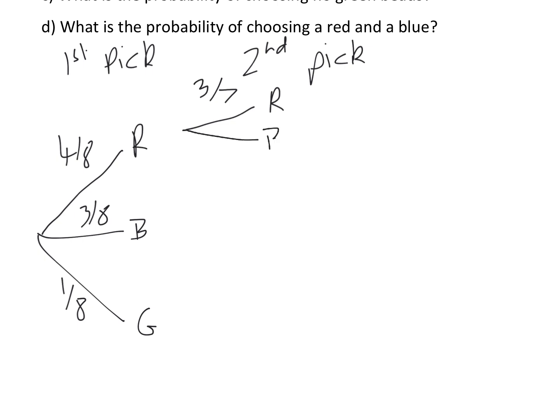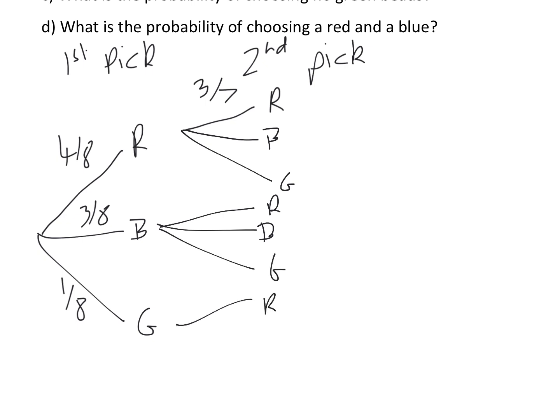So if you choose red, you can still get red, blue, or green. If you choose blue, you could still get red, blue, or green. And if you choose green, on the second go, you can still get red, blue, or green. A bit messier, so now getting the fractions on is going to be trickier. Let's go through this again for a different scenario.